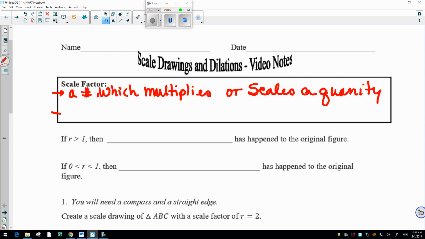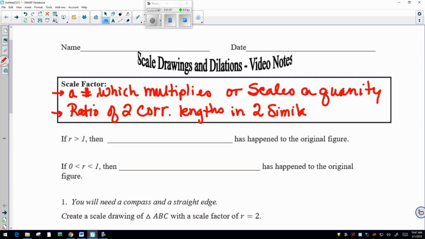Another way that we could take a look at this is it's going to be a ratio of two corresponding lengths in two similar geometric figures.